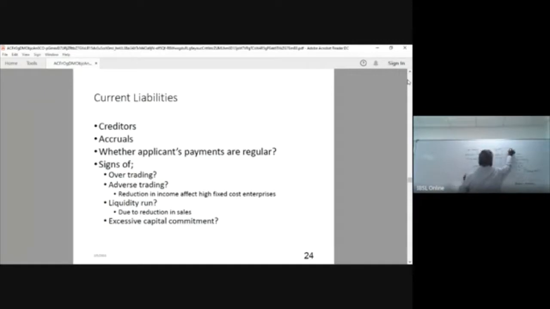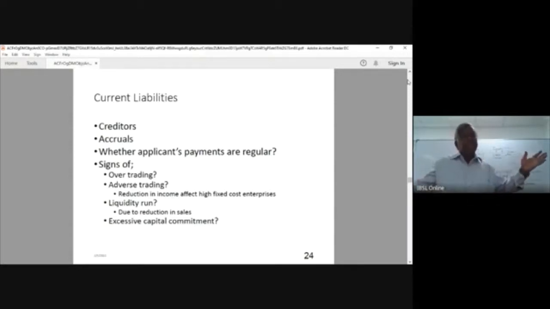This is an important thing, liquidity crisis. When there is a liquidity crisis, that company can crash in a short term. So you have to see whether any of these signs are there, whether signs of overtrading or adverse trading or liquidity run. You have to check at the time of your inspection.